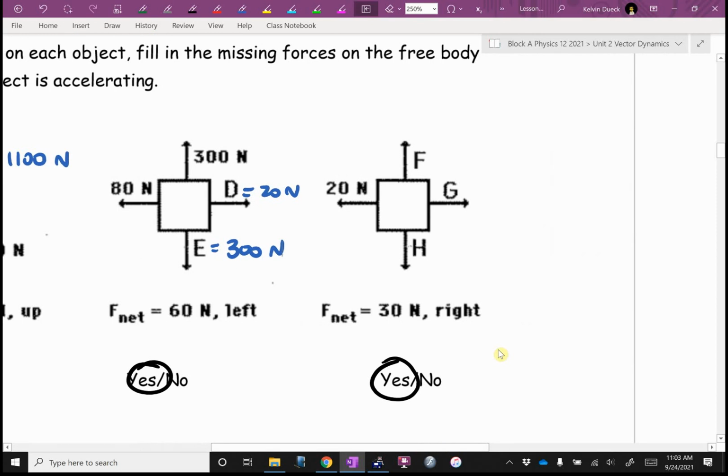First of all, how big must force G be? 50? How big must force F be compared to force H? So I'm going to say F has to equal H, and H has to equal F.